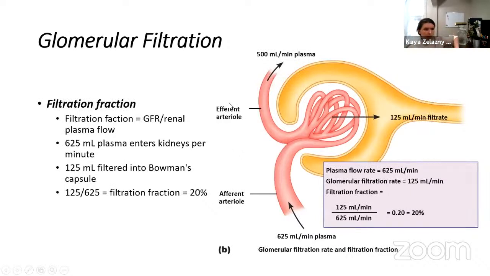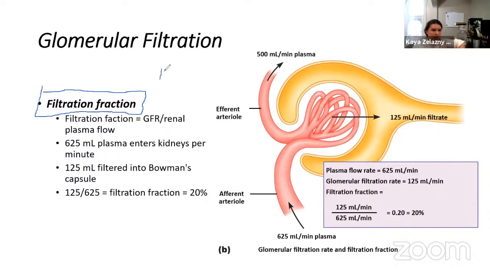So the first calculation we can do with this GFR, this glomerular filtration rate, is our filtration fraction. The filtration fraction is usually expressed as a percentage, not as the actual fraction, but it's super simple. All it's telling us is what percent or what fraction of the blood is being filtered into the kidney. So we calculate that literally as a fraction.